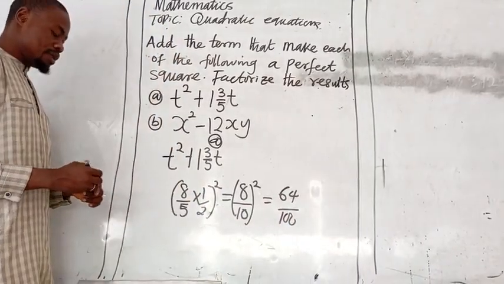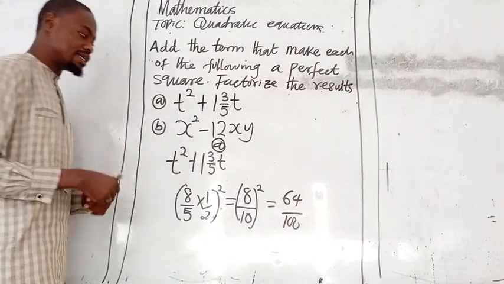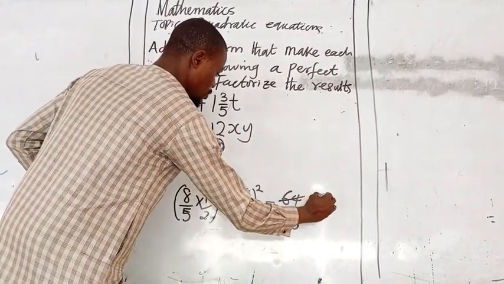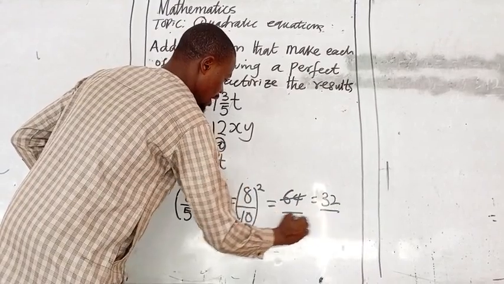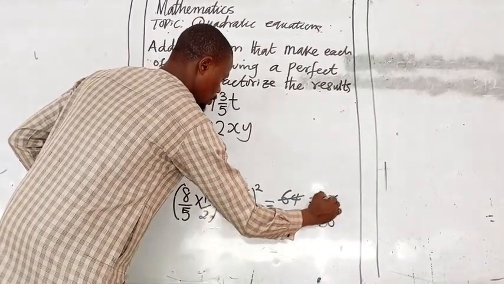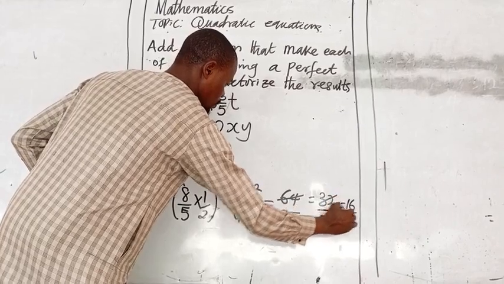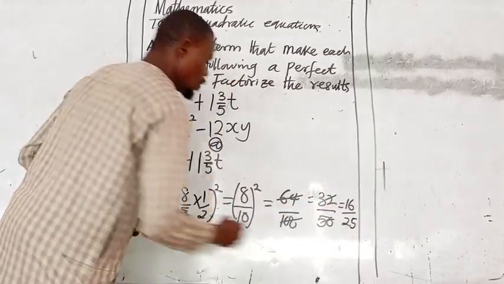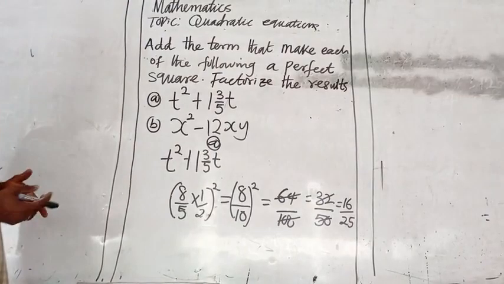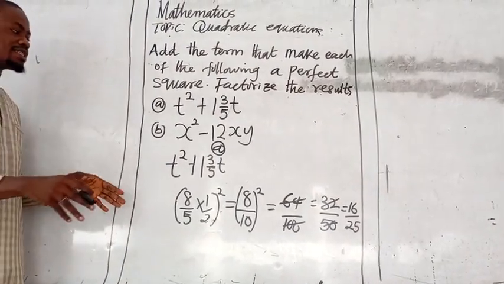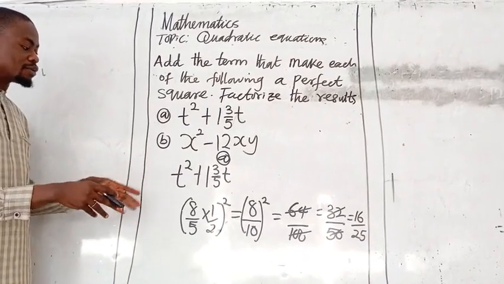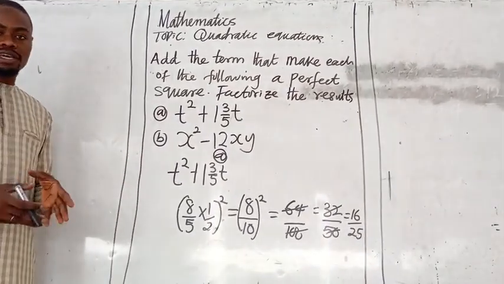So how do I make this the lowest term? Divide by 2 here, we have 32; 2 here we have 50. Then 2 here we have 16; 2 here we have 25. Which means it is the same thing as 16 over 25. So 16 over 25 is the value that can be added to make it a perfect square.